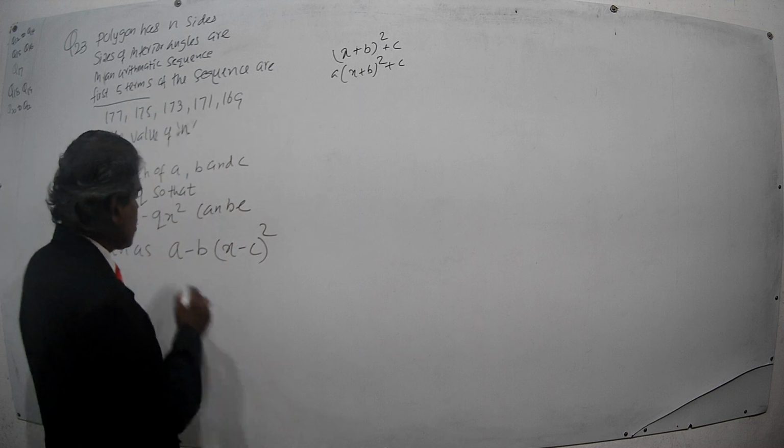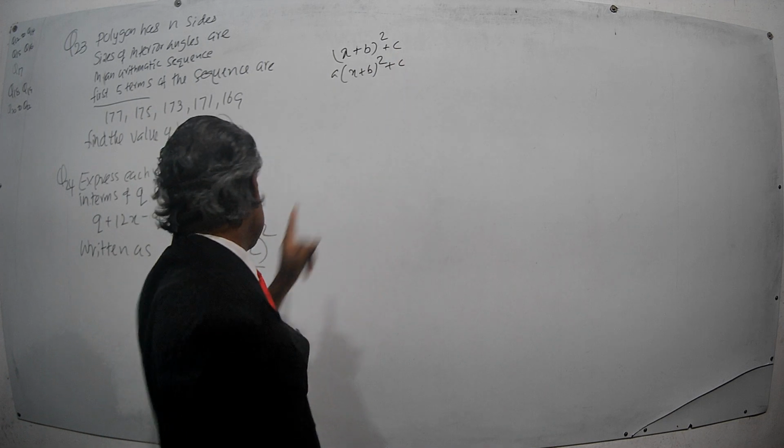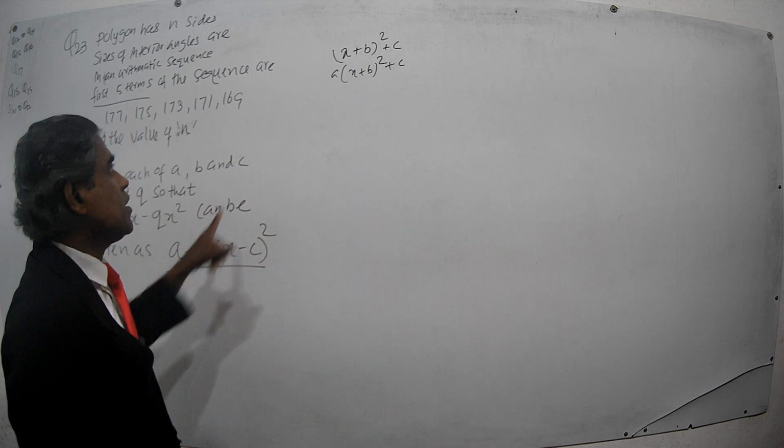So now this is also in that form. The term has been written first here, A minus B(x minus C) squared, like this.